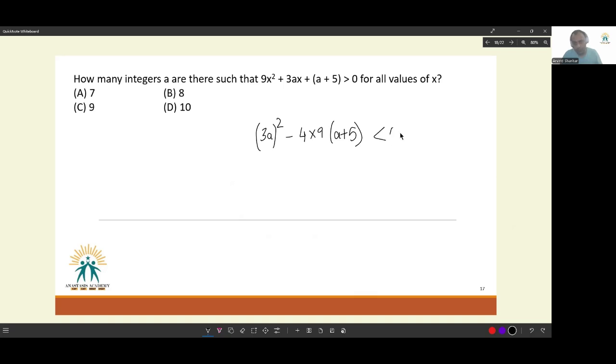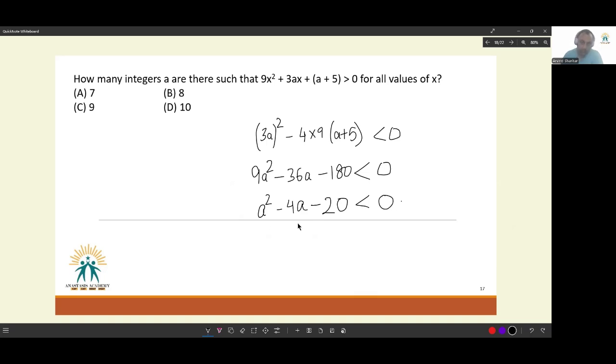This should be less than 0. So 9a square minus 36a minus 180 should be less than 0. I can get rid of 9 from every term. A square minus 4a minus 20 has to be less than 0.